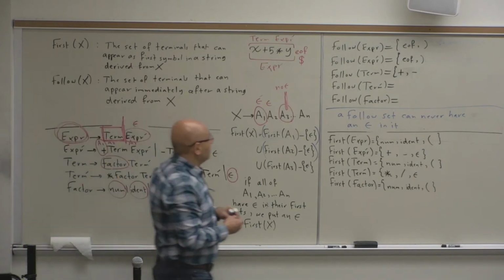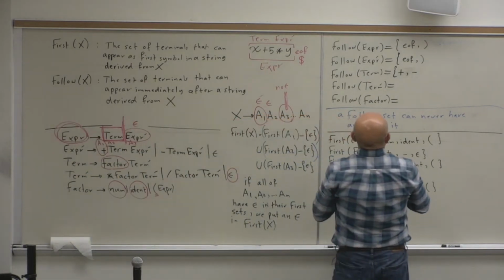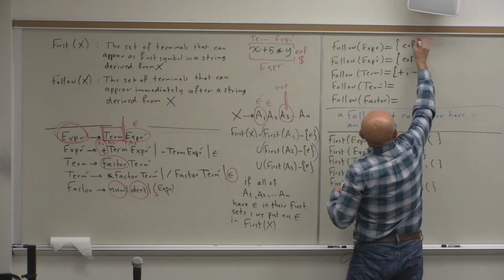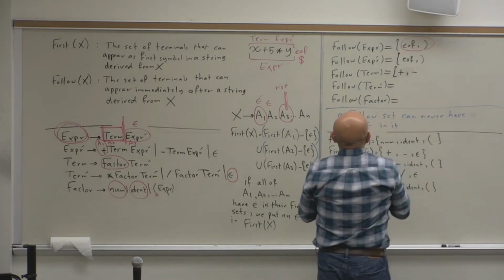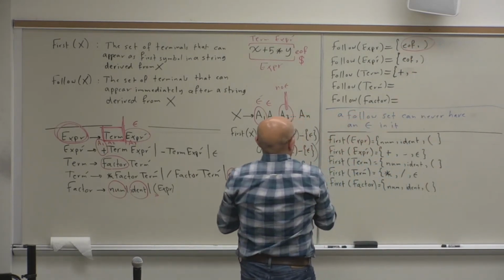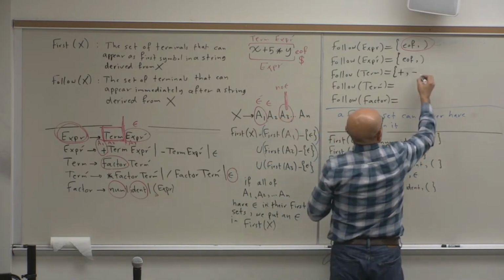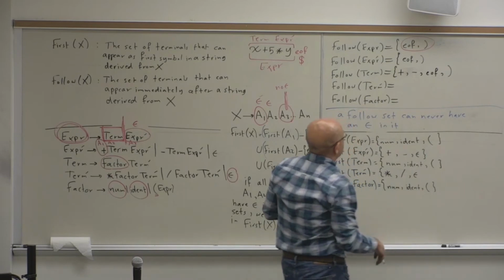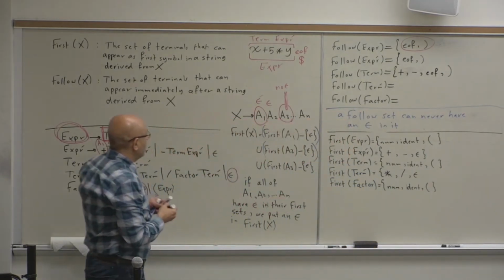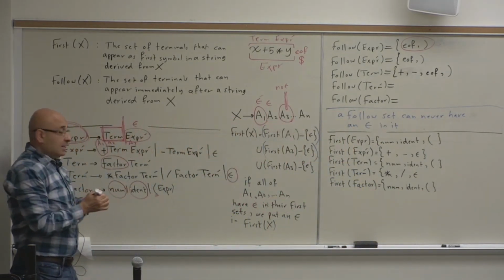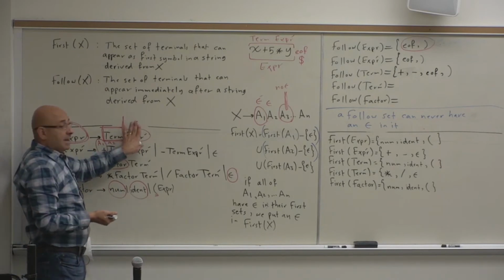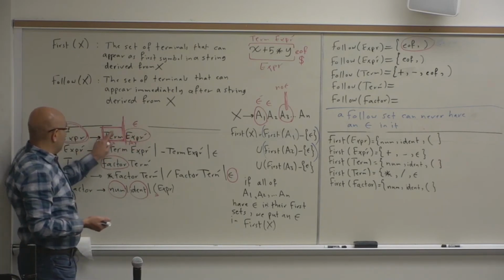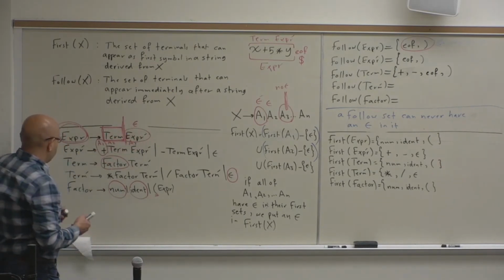So I can then put everything in the follow set of expression into the follow set of term. So I add end of file and close parentheses. Why? Because if this can vanish, an expression may end with a term.